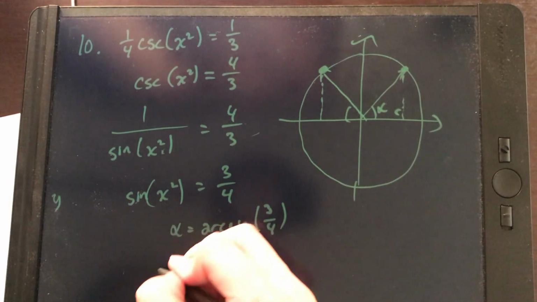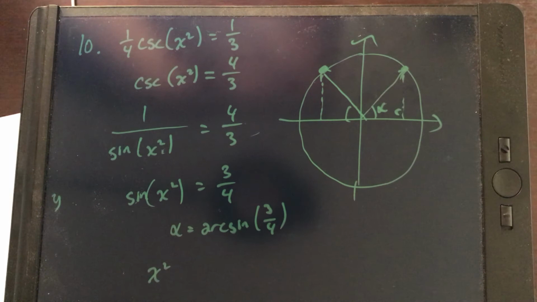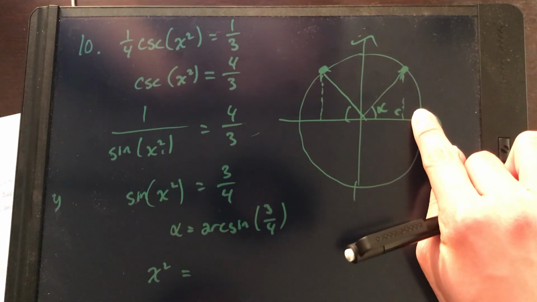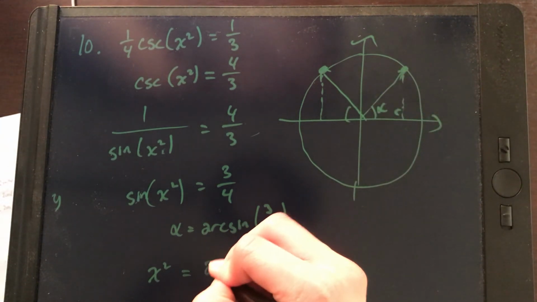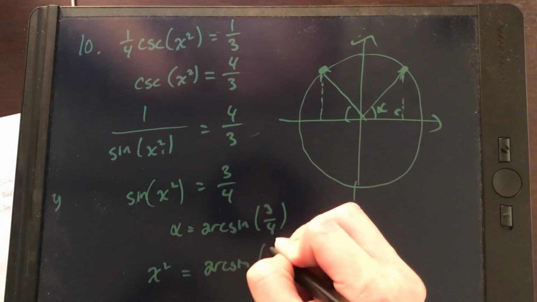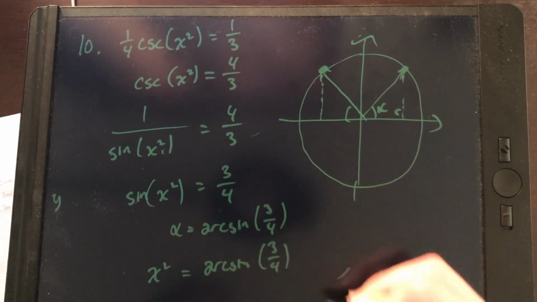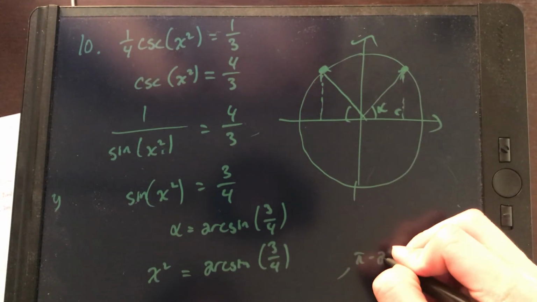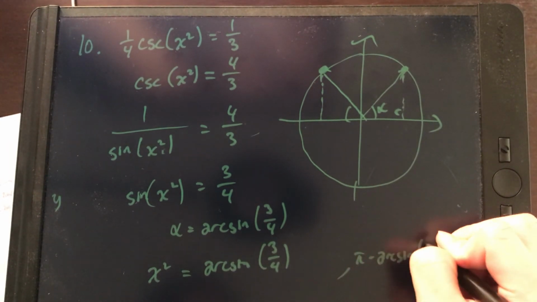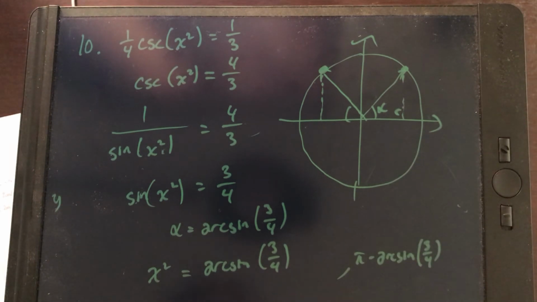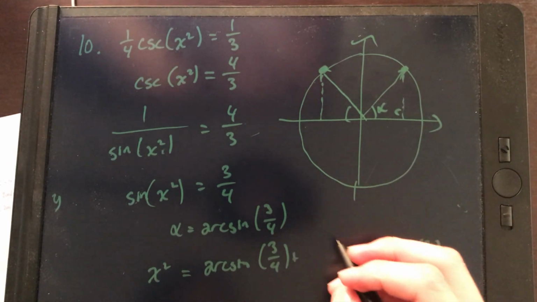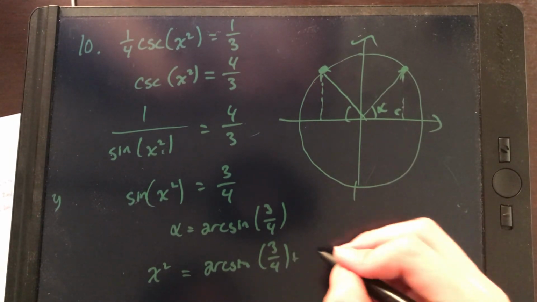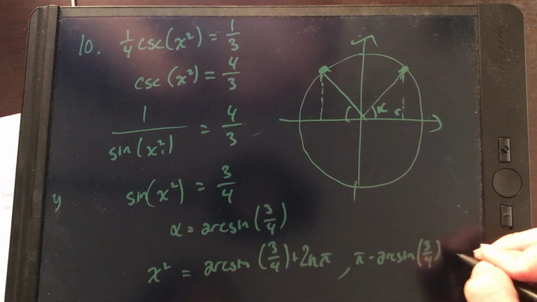So that means my input, in this case, whatever's inside my sine, cosine, or tangent, x squared, is going to be equal to, I could go alpha, which is just inverse sine 3/4, or I could go pi minus alpha, pi minus inverse sine 3/4, but don't forget you actually need to add multiples of 2 pi. So add 2n pi.